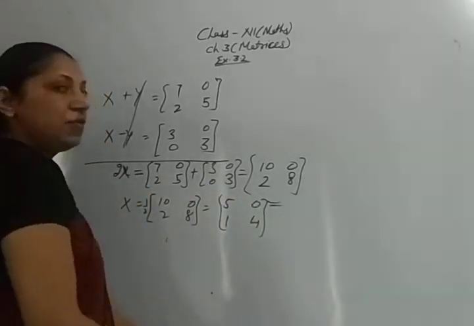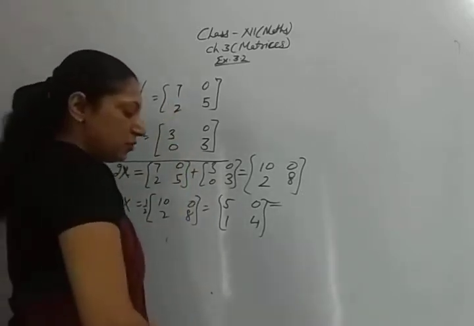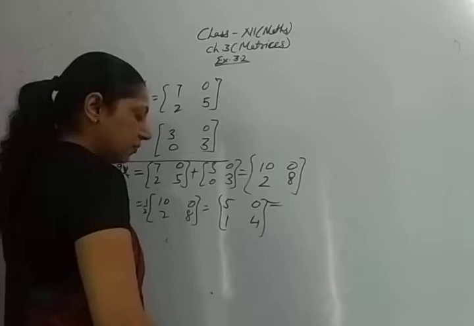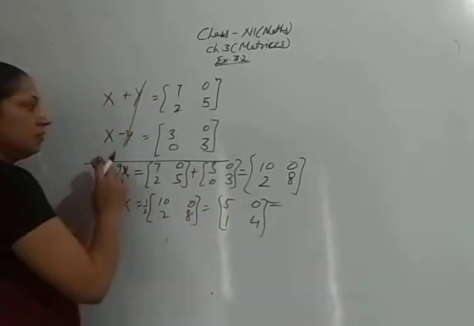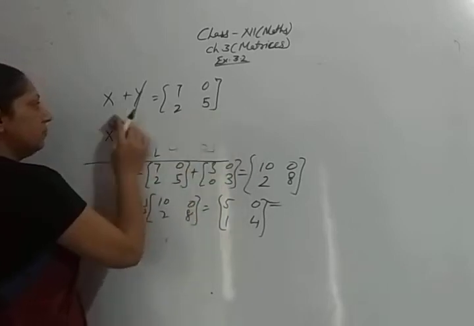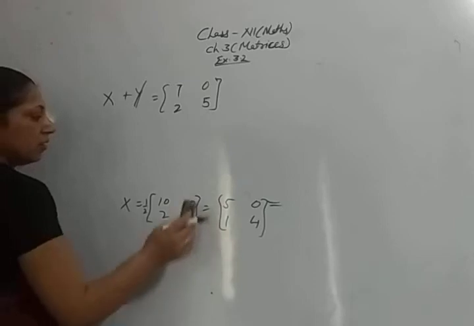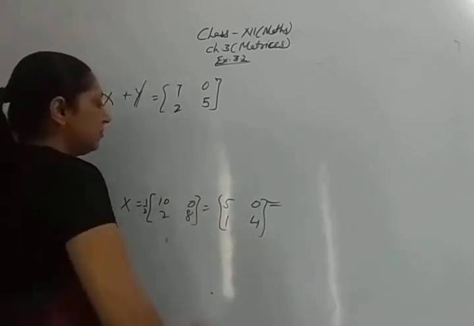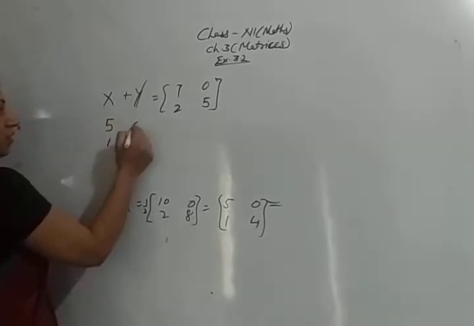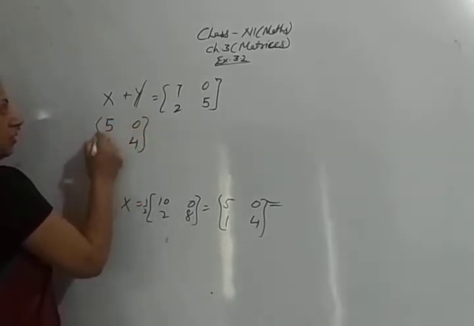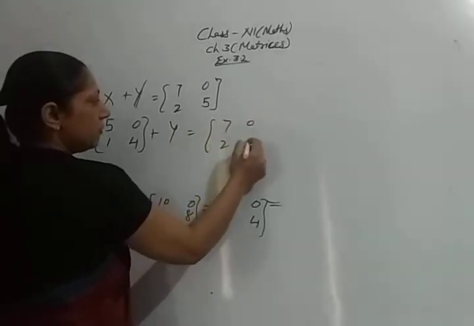Now put this value of x in either of the equations. Suppose I put this value in equation number 1. Now our x is [5, 0; 1, 4], plus y is equal to [7, 0; 2, 5].